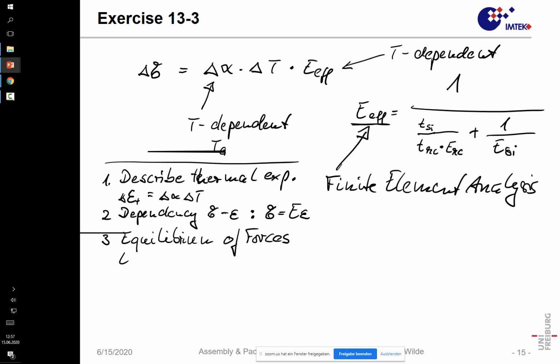And that also leads to an equilibrium of stresses.